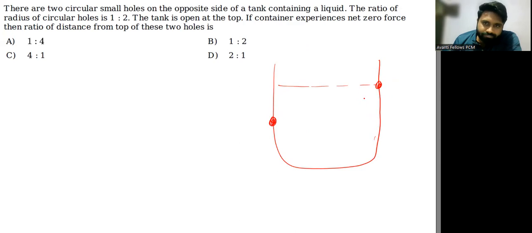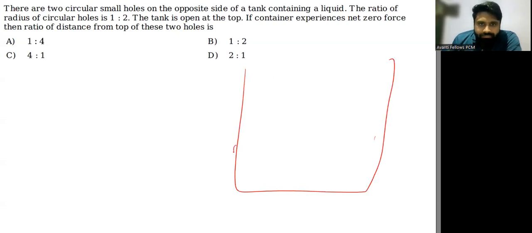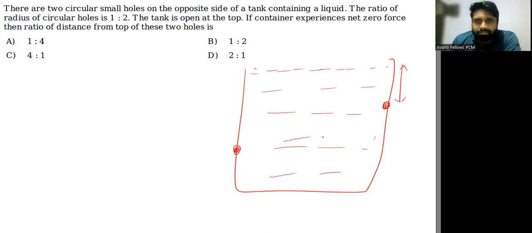So let's say, here we have this hole, here we have this hole. Height of this from the surface of the liquid, this is the liquid filled in this container, the height of this will become h1, and the height from here is h2.